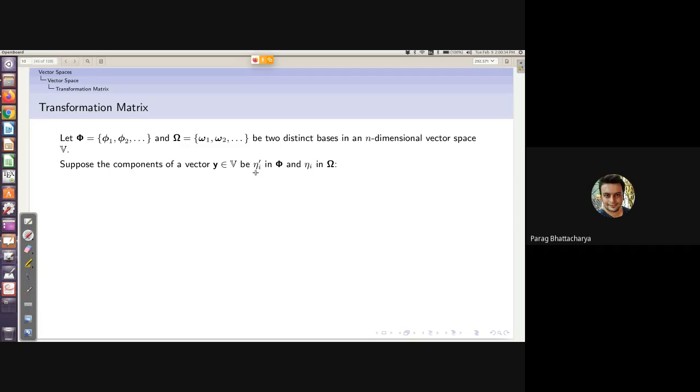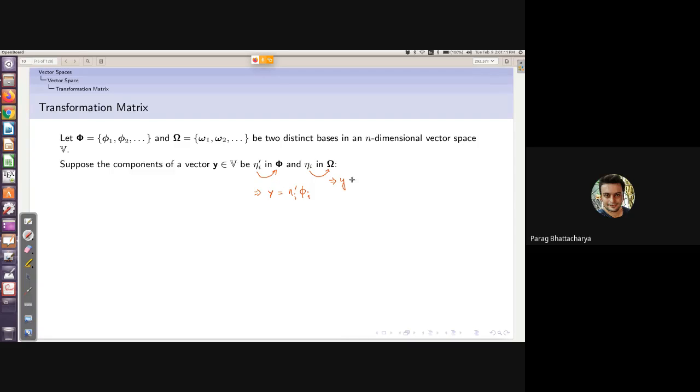It means this vector y can be written as eta I prime times the vectors inside this basis, which are phi I. And this is also another basis, with these components.